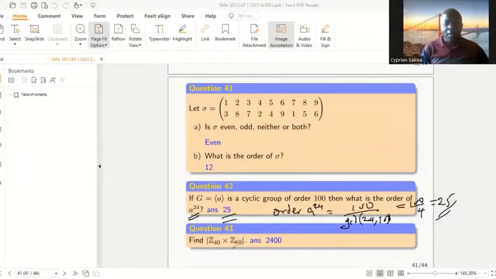What about the order of this direct product group? The order will just be the order of the first group, which is 40, and the order of the second group, which is 60, and that would be the product. So that's how you're supposed to have done that.